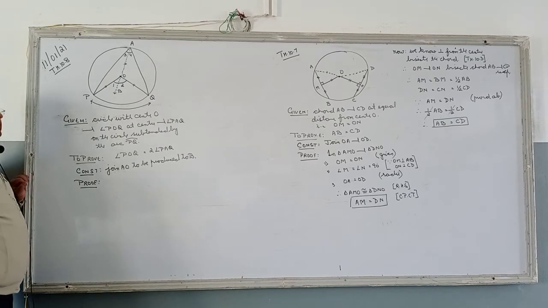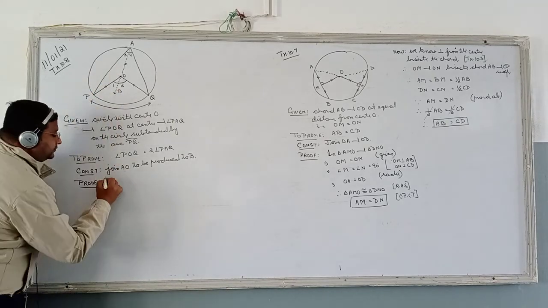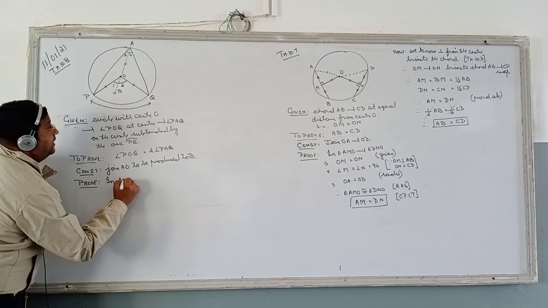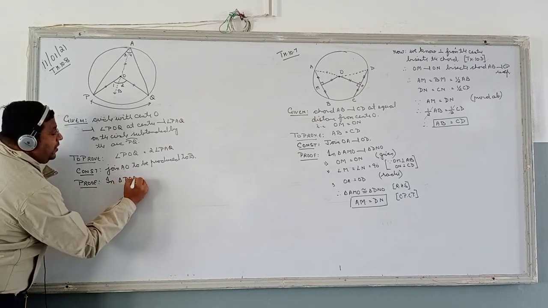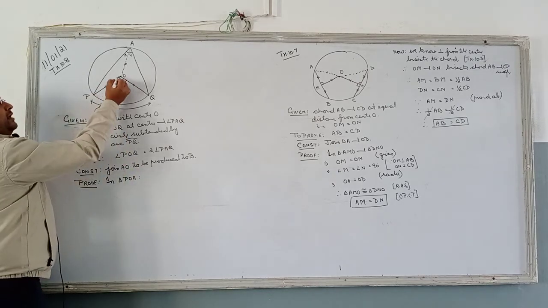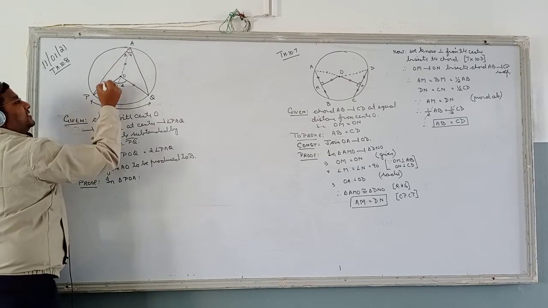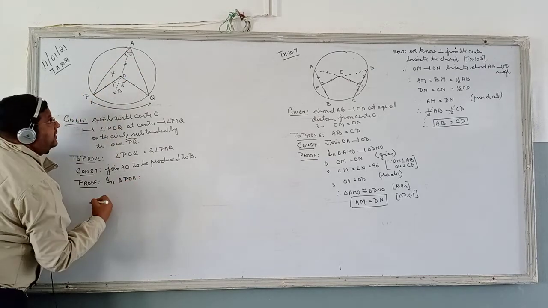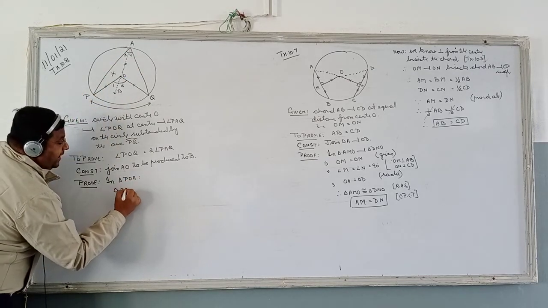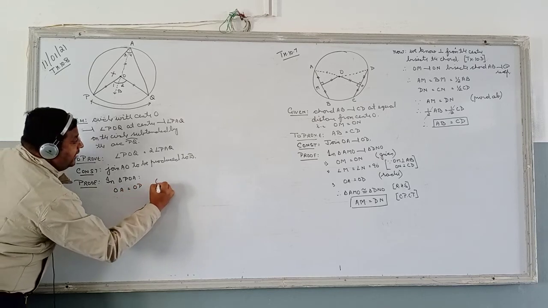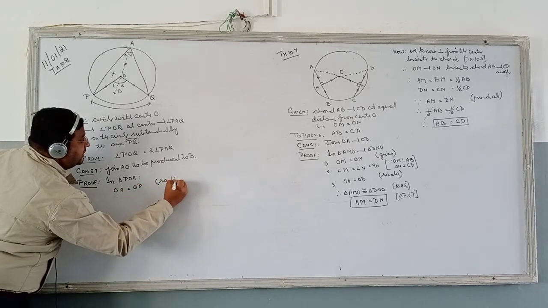Theorems, theorems, theorems. So check over here. In triangle POA. Can you see this triangle I am talking about? In triangle POA, OA is equal to OP. Write down the reason: radii of the circle.